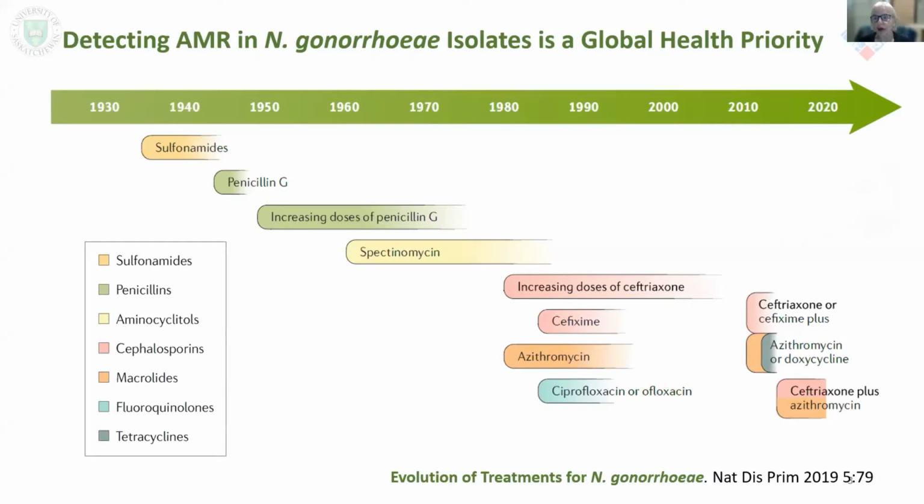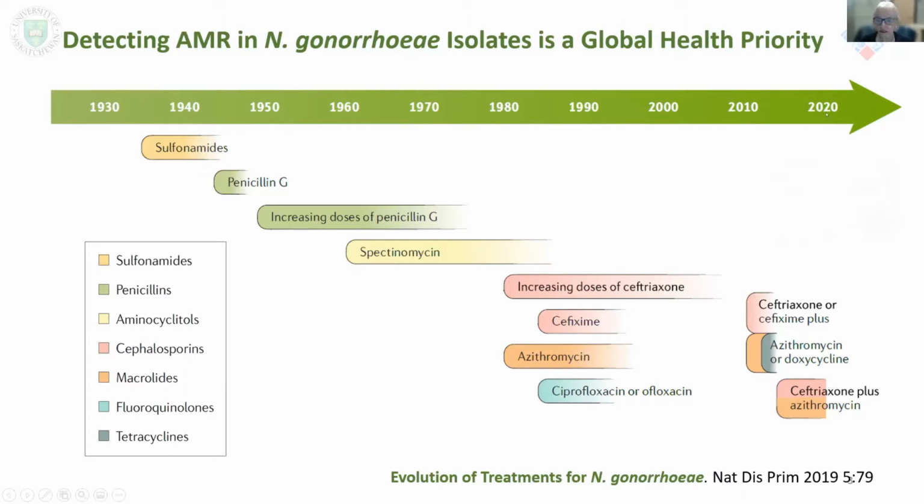One of the big problems that started in the 1930s with the development of antimicrobials is the relentless development of resistance of Neisseria gonorrhea to every class of antimicrobial introduced for therapy.